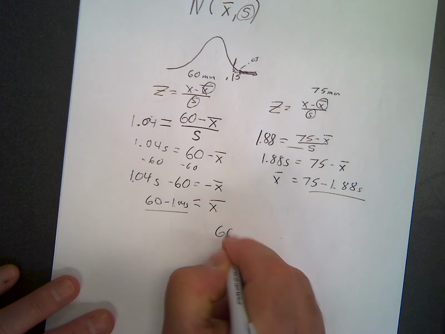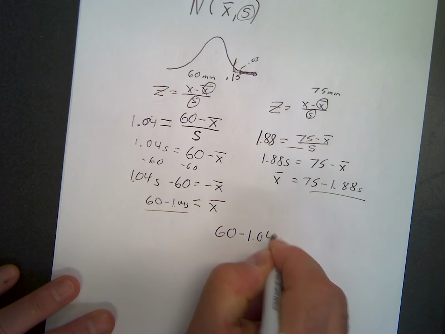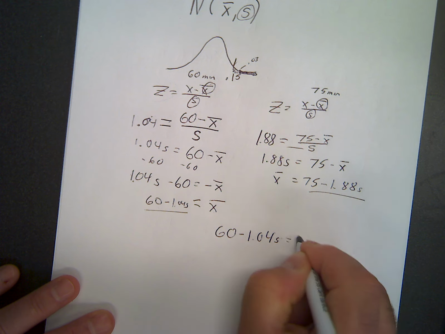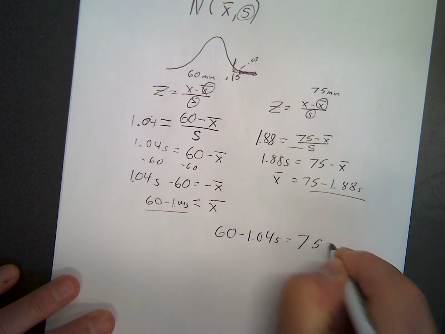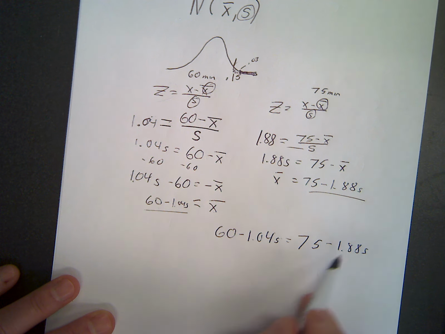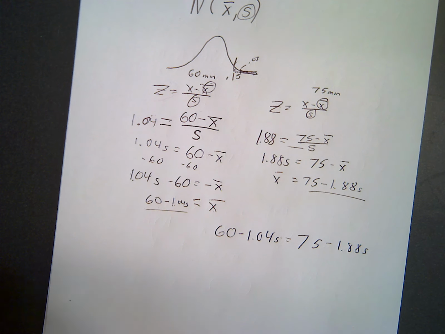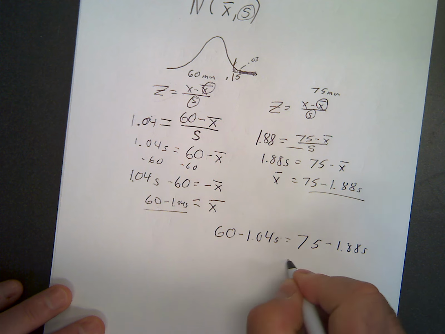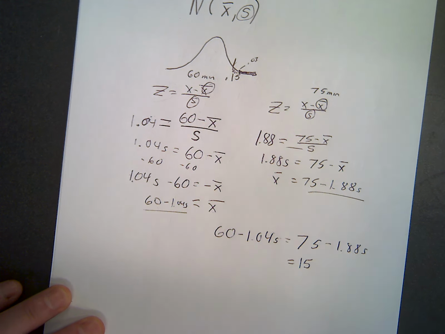So I can set them equal to each other. 60 minus 1.04 s equals 75 minus 1.88 s. Okay, now I'm going to subtract 60 from both sides. I get 15. I'm going to add that to both sides.